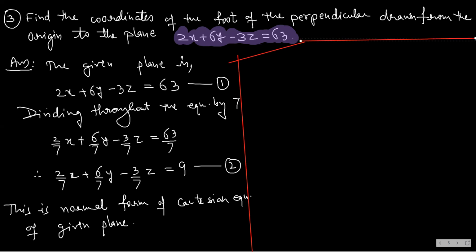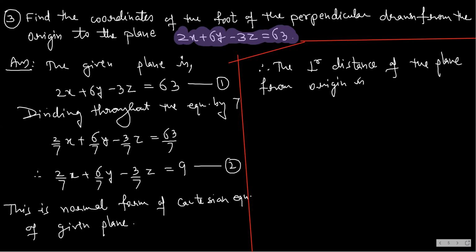Therefore, the perpendicular distance: once you have written the equation in normal form, the right hand side number is the perpendicular distance of the plane from the origin. Therefore, the perpendicular distance of the plane from the origin is 9. Let p equal 9.